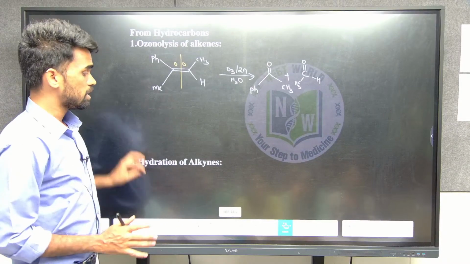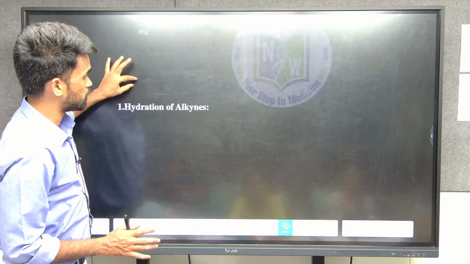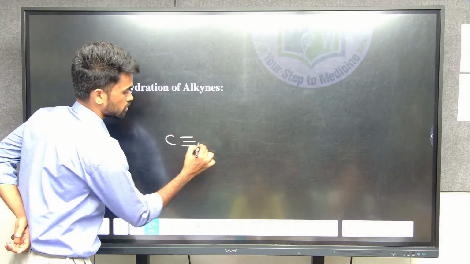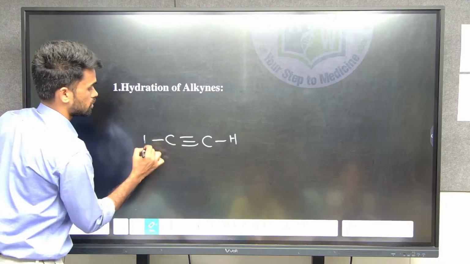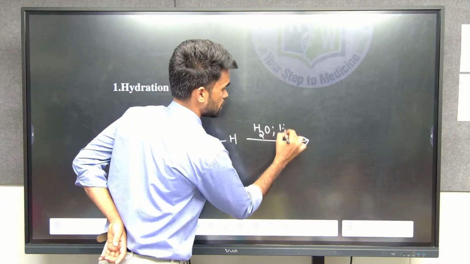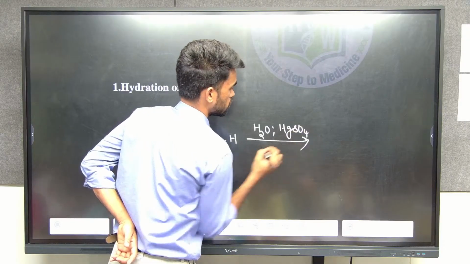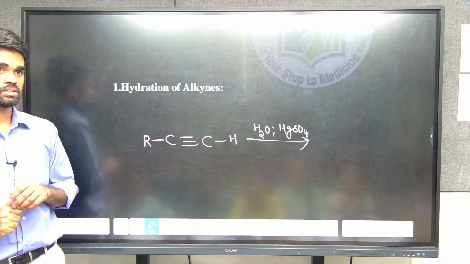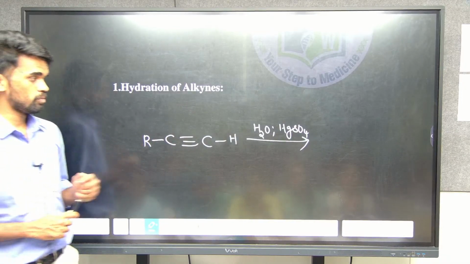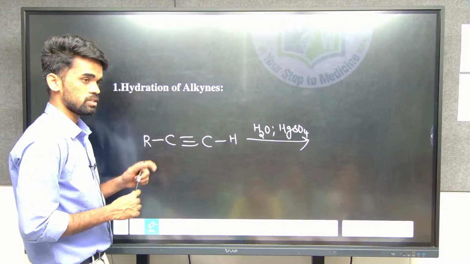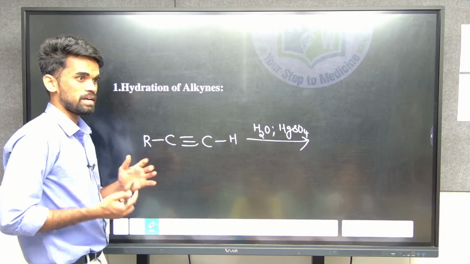Next process is hydration of alkynes. Very simple, you have done this already. H2O, HgSO4. Tell me what happens. Yesterday also we discussed. The bond breaks. Where should I add HOH? Check for the stability of the carbocation.